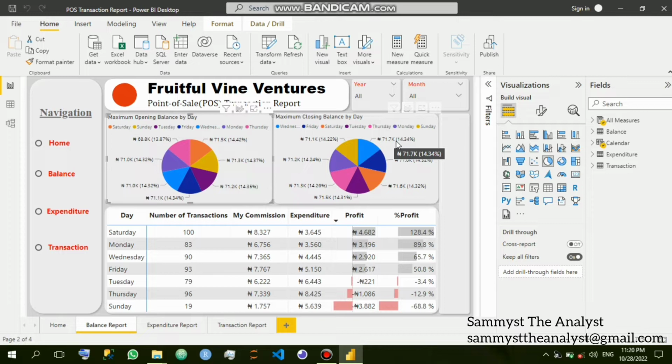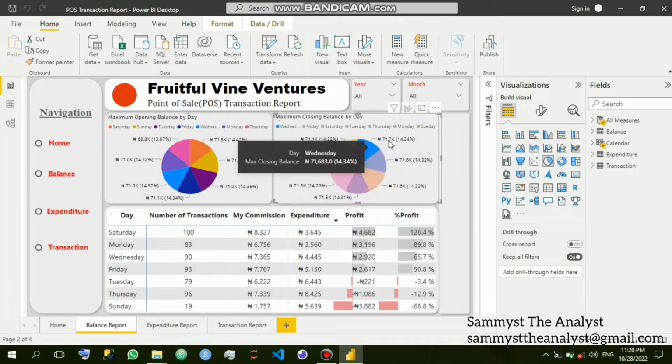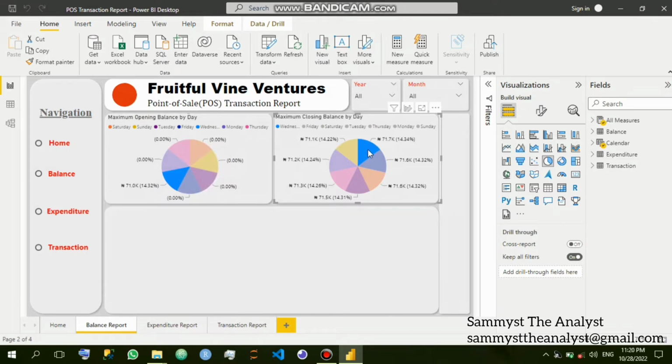You can see that too. So now when you click on it, we are trying to identify which day has this particular amount listed there, and this is a Wednesday. So Wednesday is the day which has the maximum closing balance. So you can see that.